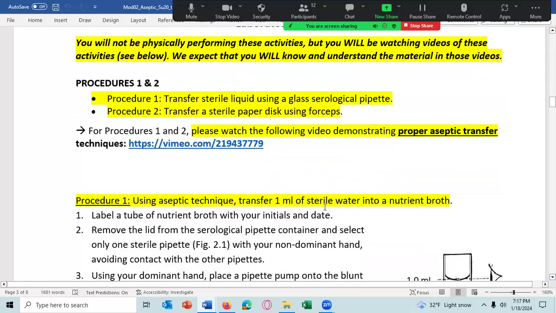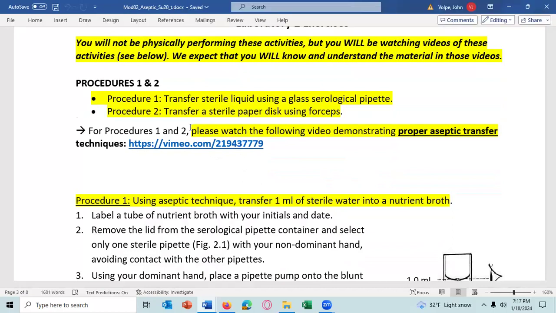We have a little video for you to watch on proper aseptic transfer techniques. So watch that.